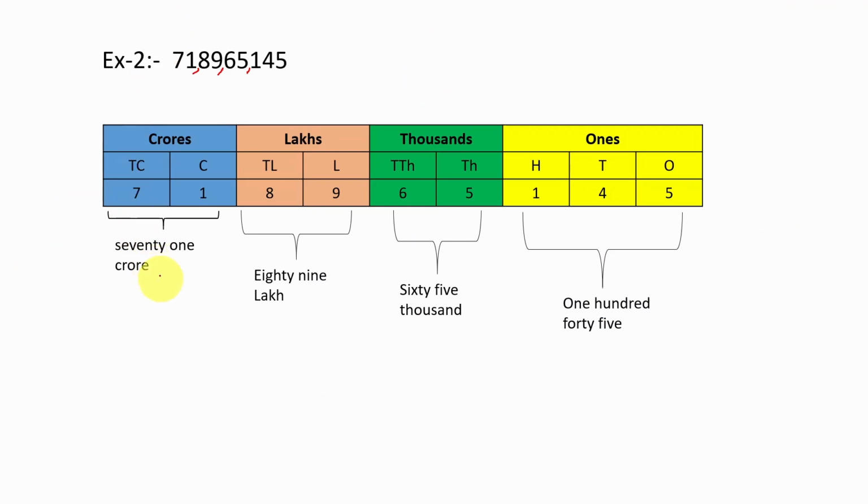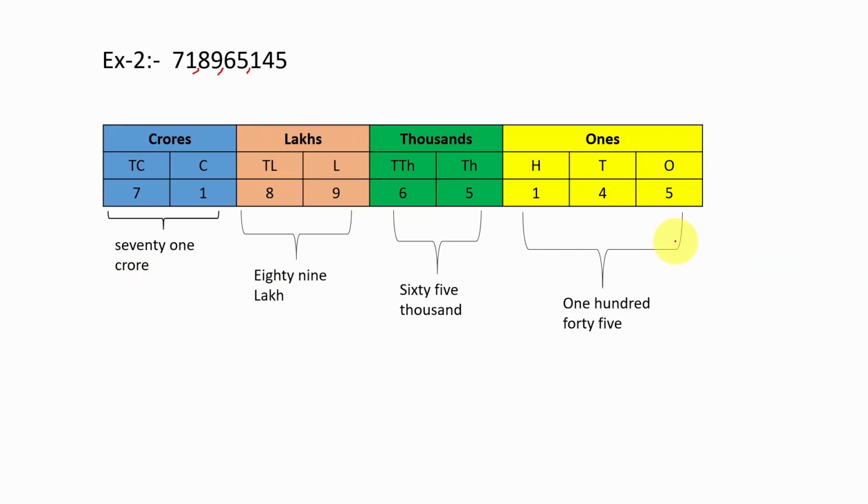See, crores and 10 crores. We have to read together because these two places belong to one group. Lakhs and 10 lakhs belong to one group. That's why we have to read together. 71 crore, 89 lakh, 65,000, 145.